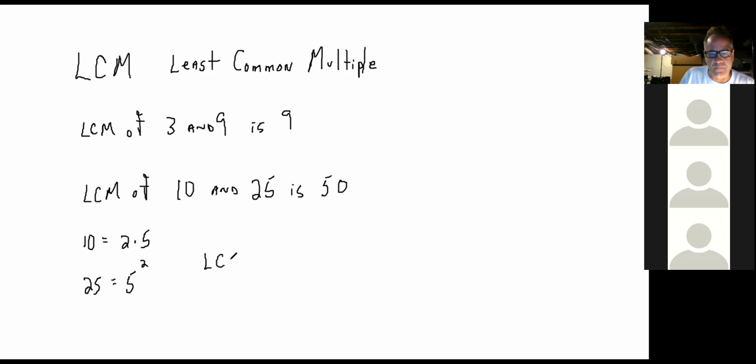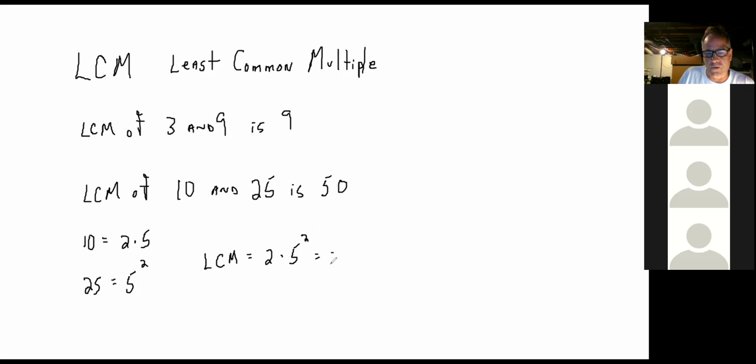The LCM will be the product of all the unique prime factors you see across the board, here and here, which is in this case 2 and 5. And then each factor raised to the highest power occurring in any one of them. Now, this has an exponent of 1. This one had an exponent of 2. And then you just multiply this out.